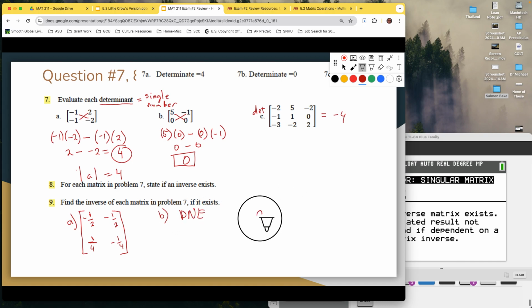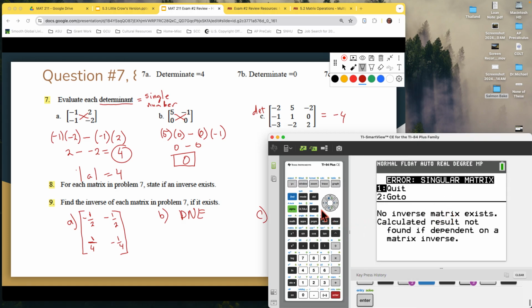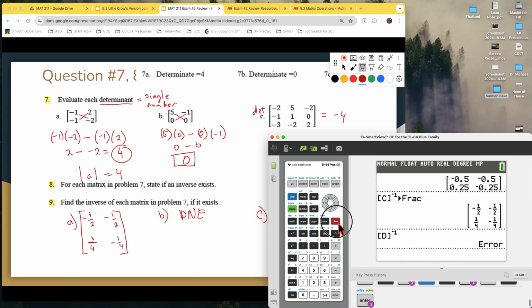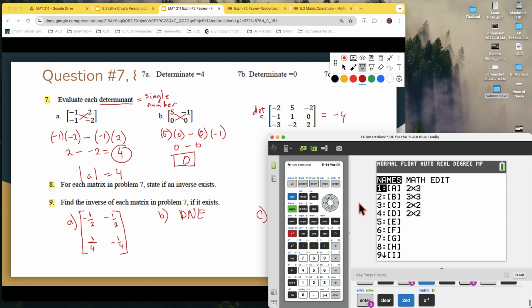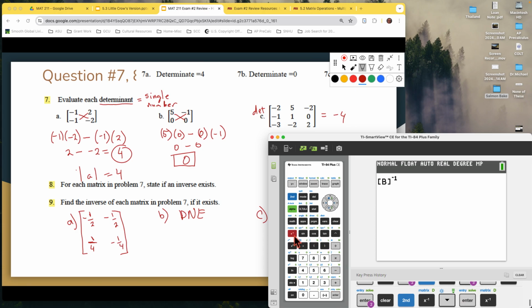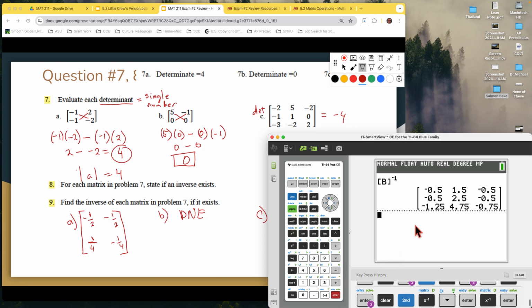And then finally C, again, definitely want to use this tool. Once this happens, I have to hit enter to quit this. Let's just clear out everything so we have room, and then we pull up our matrix, which is a 3x3, stored in B, and then to do the inverse we just put that, and it gives it to us.